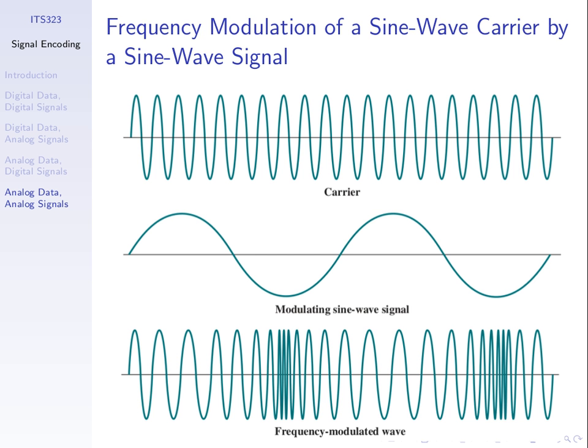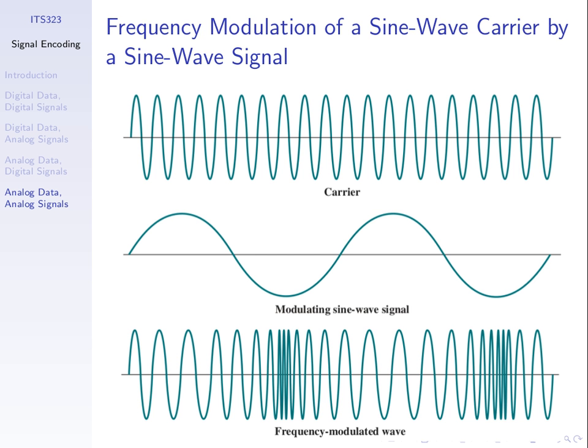The other slides, I think, just summarise or give another example of what we're trying to show there. You may see some questions in the past exams or quizzes along the lines of describe, or here's a description of FM, describe AM, amplitude modulation. Well, how do you describe it? With amplitude modulation, we change the amplitude of our carrier signal according to the input data.